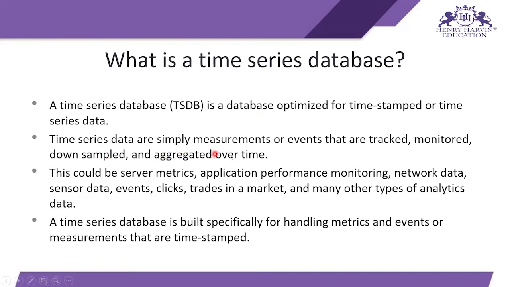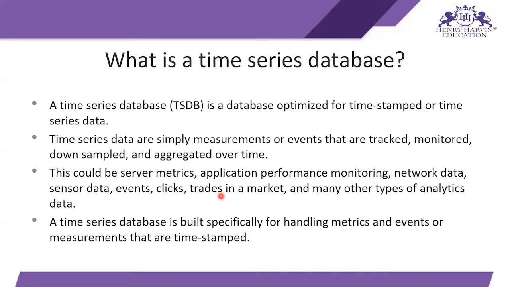Time series data are simply measurements or events that are tracked, monitored, downsampled, and aggregated over time. This could be server metrics, application performance monitoring, network data, sensor data, events, clicks, trades in a market, and many other types of analytics data.